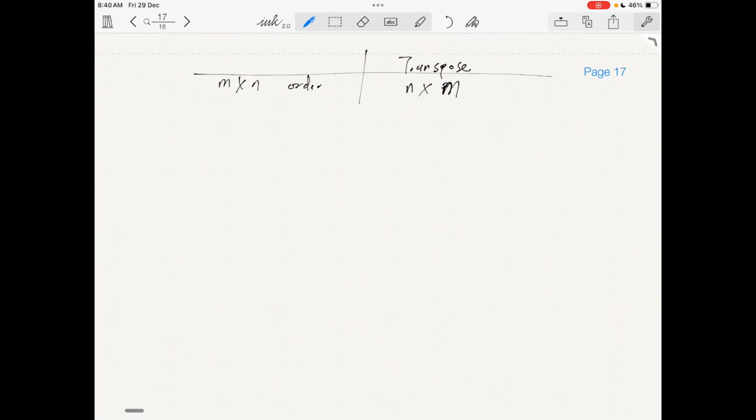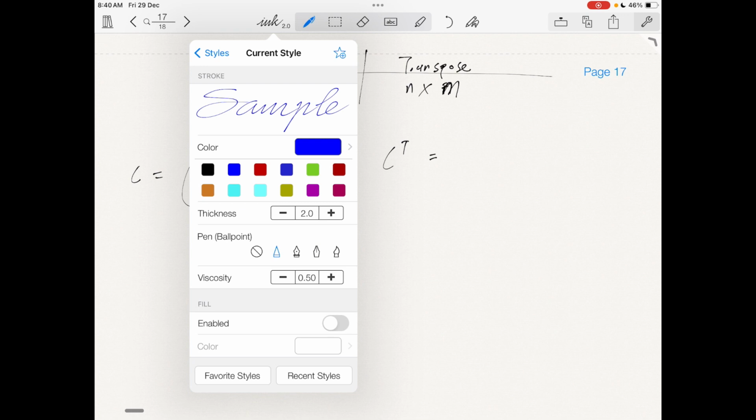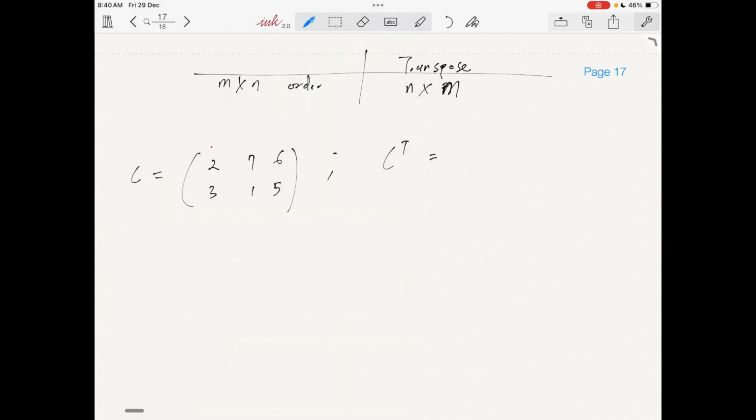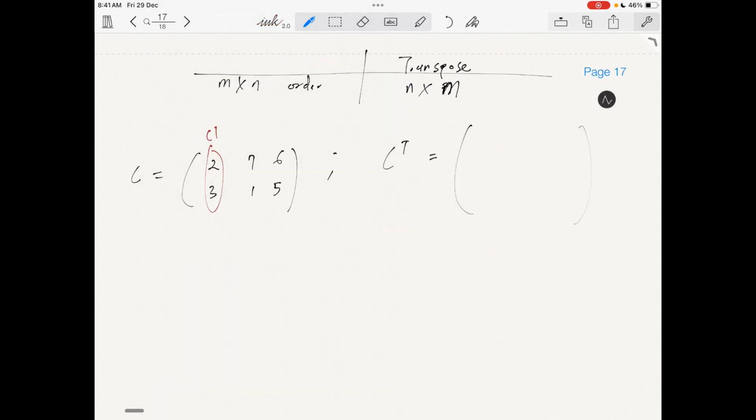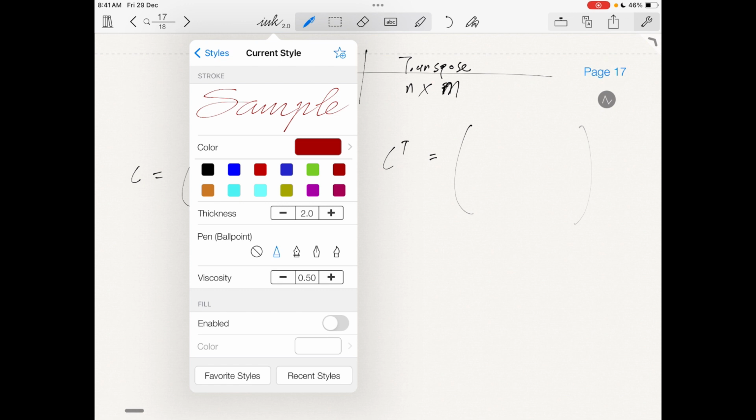So let's take C as equal to 2, 7, 6, 3, 1, 5, and we are asked to find C transpose. In C transpose, we take the first column, column 1, and it becomes the first row, that's 2, 3.